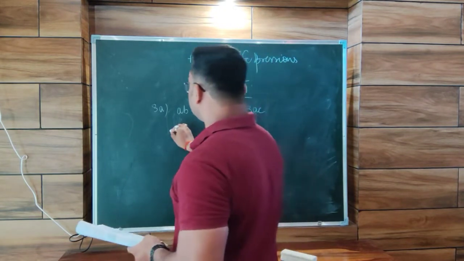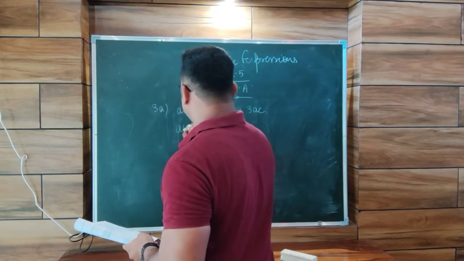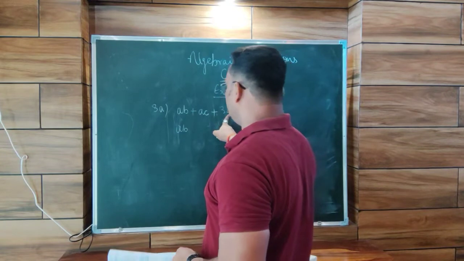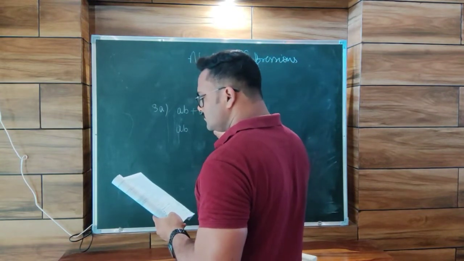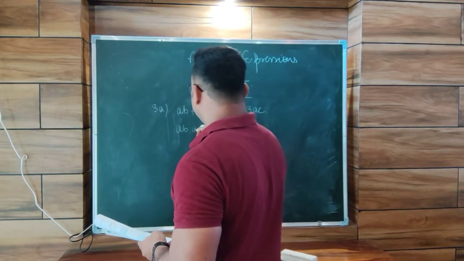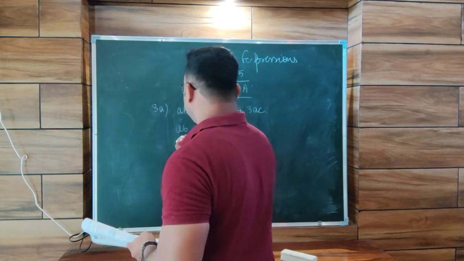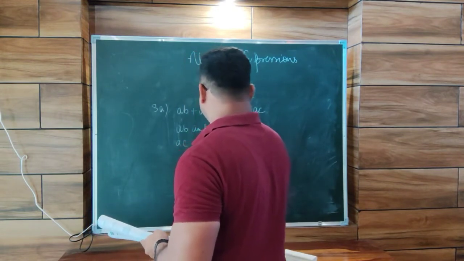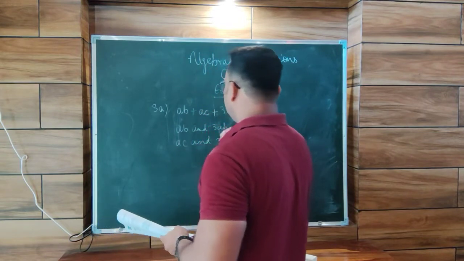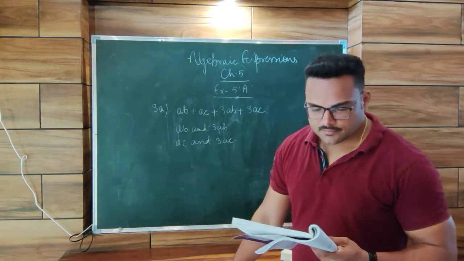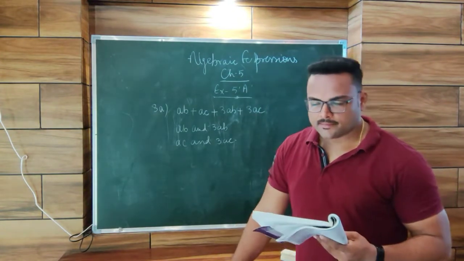So like terms are AB and 3AB, and AC and 3AC, okay? So like terms we can find like that. You can solve. Other questions are also like that.